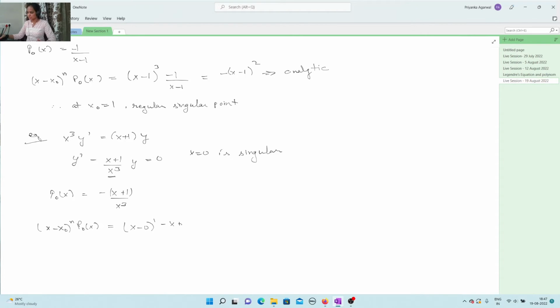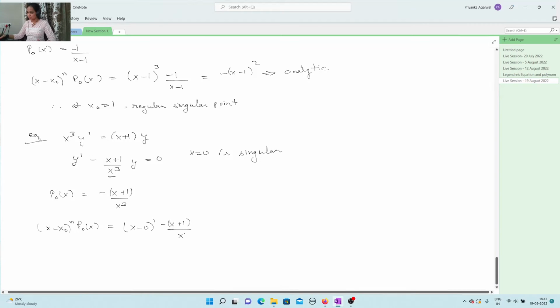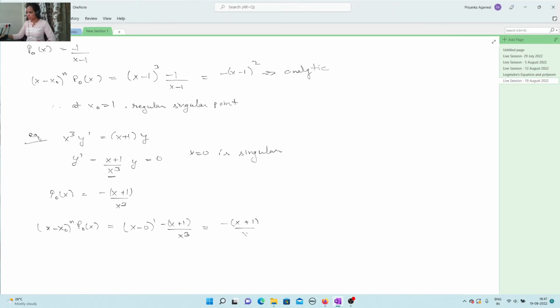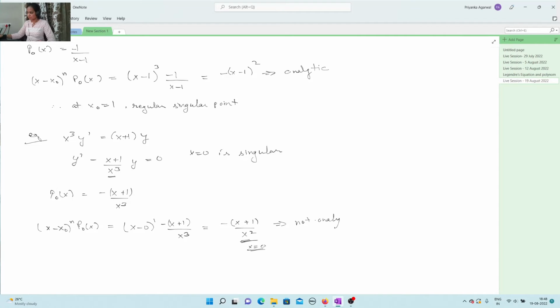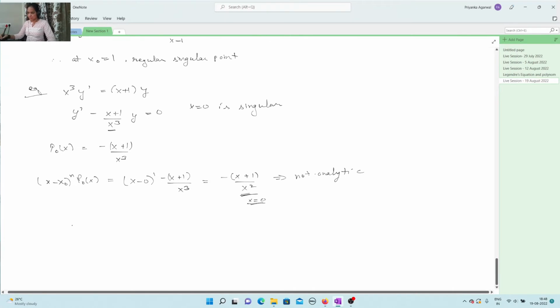So this becomes minus (x plus 1) over x squared. Now this again is not defined at x equals 0, that means this is not analytic. Therefore, for this particular equation, x equals 0 is an irregular singular point.